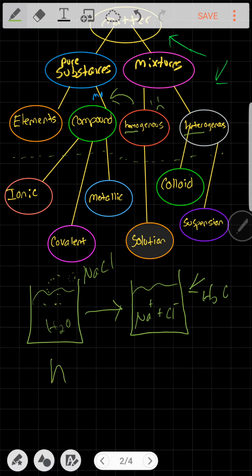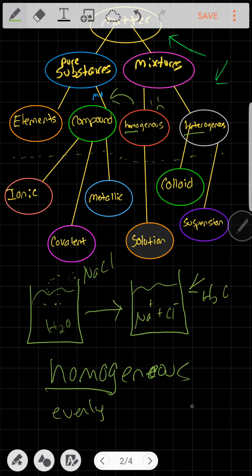That's because that's what the word homogeneous means. Homogeneous. The prefix there is homo, which means same. So in a homogeneous mixture, what's being mixed is so evenly mixed together that you can't tell the difference, and it looks like it's one. It looks like it's a pure substance, but it's not.